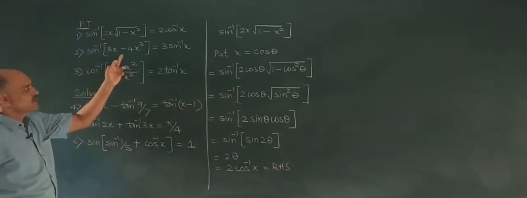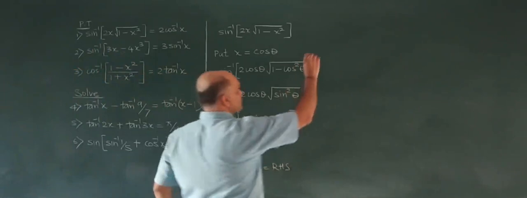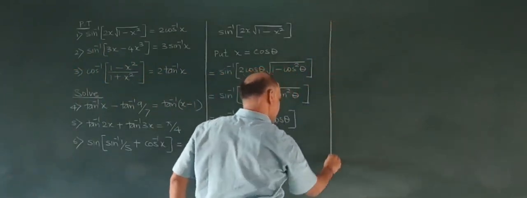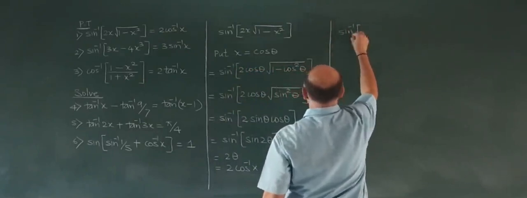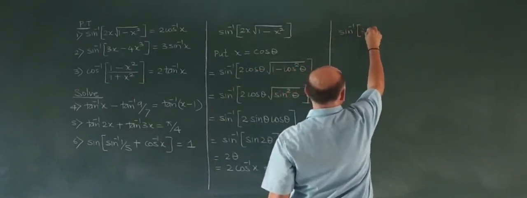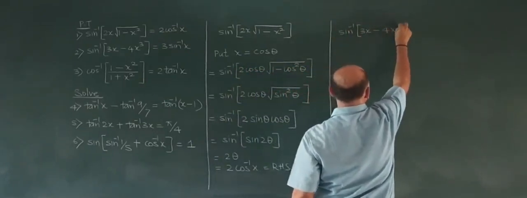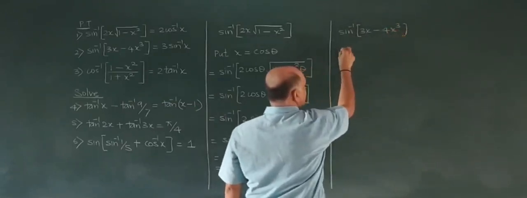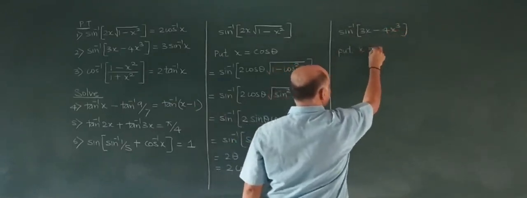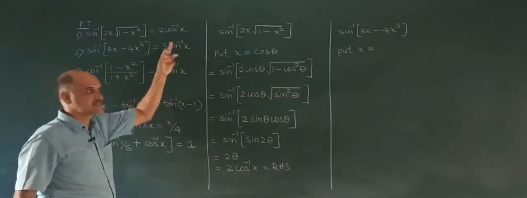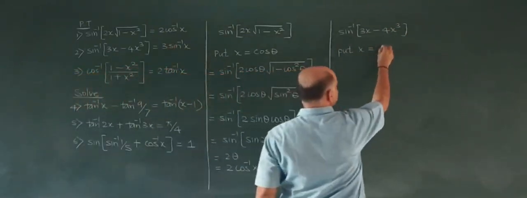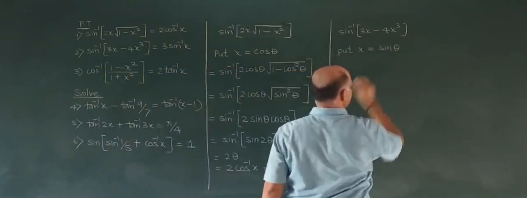Now similarly you can tell me the second one. If I take the second one, sin inverse of 3x minus 4x cube. So you are required to put x equal to what? Put x equal to sin theta. Whatever function is there in the RHS, the same function you take, sin theta.